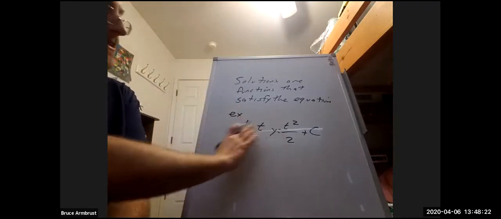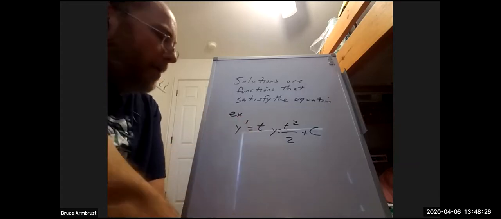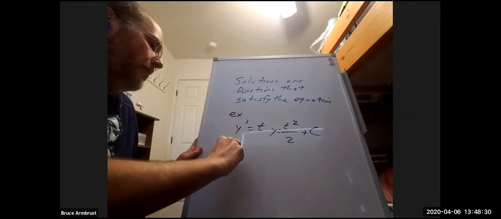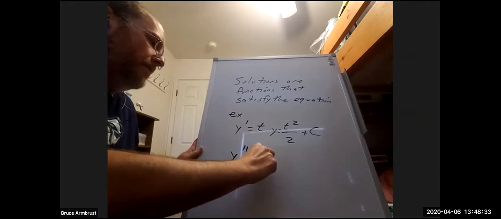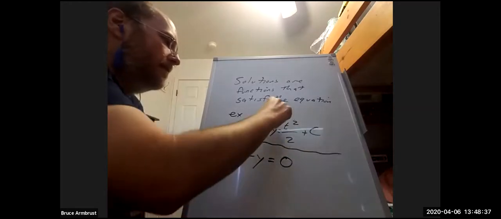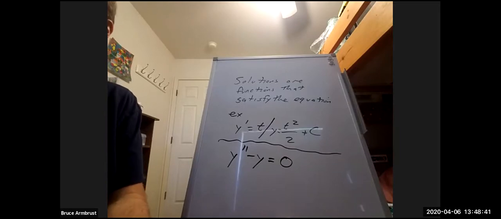All right, so something like this, it's a no-brainer. You already know how to do those. But what if it was something slightly more complicated, like this guy, y double prime minus y equals 0.